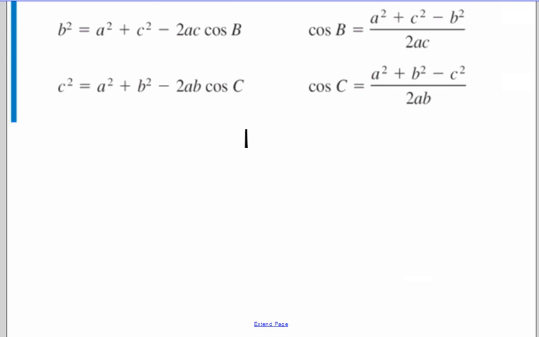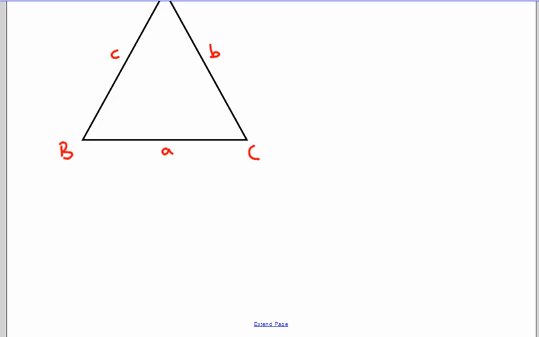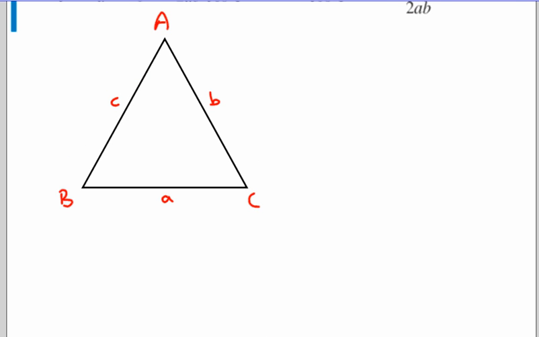All right, let's look at this with a picture. I'll draw a generic triangle, and let's say this is angle A, angle B, angle C, and this is side a, side b, side c. Let's say I pick side b and want to set up the law of cosines.